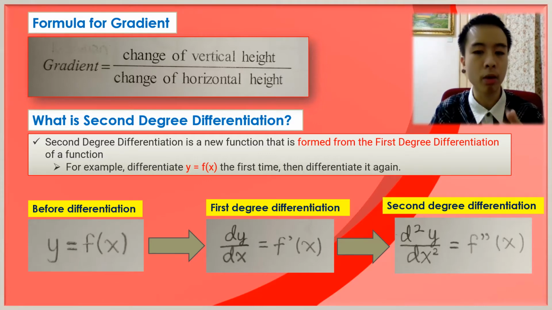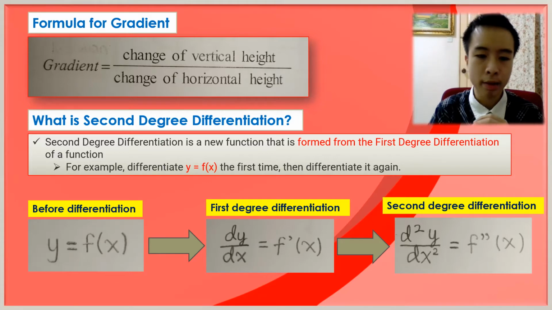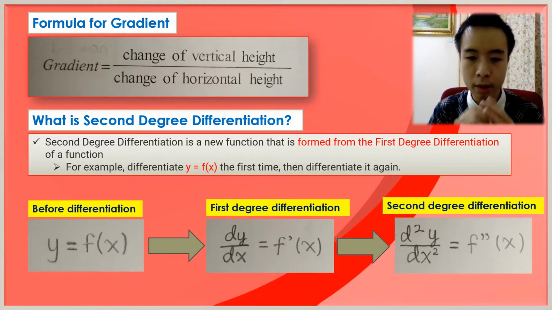Just a moment ago, we talked about differentiation, or first degree differentiation, with the symbol dy over dx. So for now, what does second degree differentiation mean? Second degree differentiation is a new function that is formed from the first degree differentiation of a function.